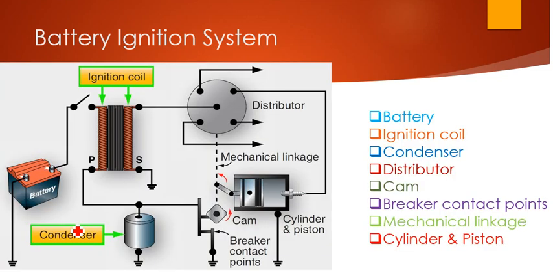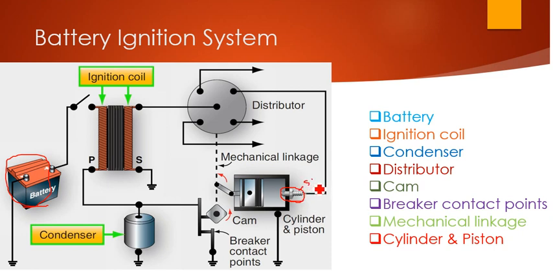So the main process is to pass the current from battery to the distributor unit, and from the distributor unit to the spark plug. This is the main function of this battery ignition system.